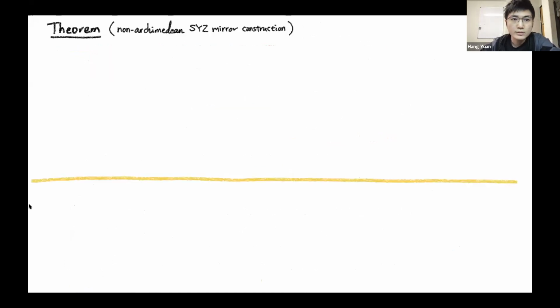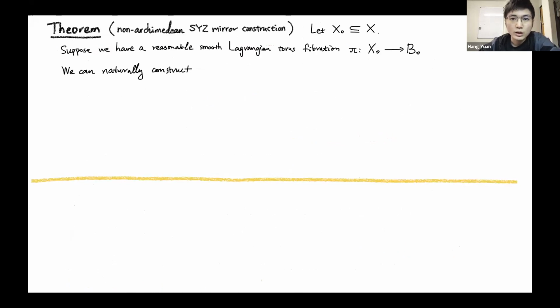Here is the main theorem, what I call non-Archimedean SYZ mirror construction. Let X0 be some open domain in X, and suppose we have a reasonable smooth Lagrangian torus fibration.